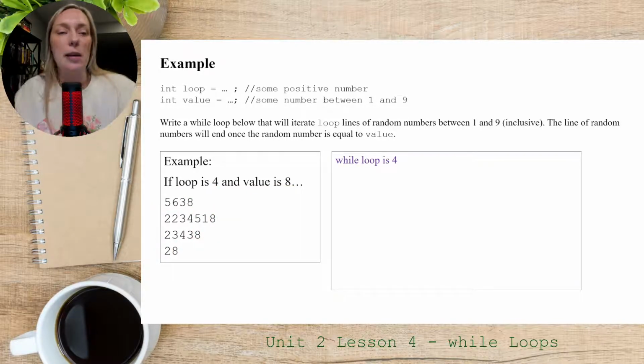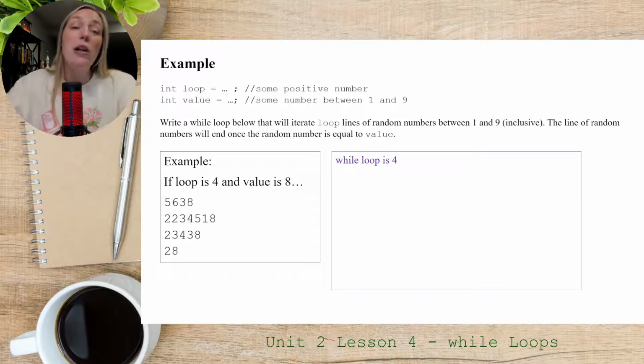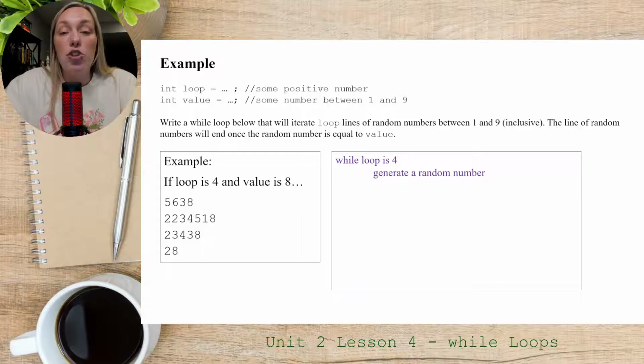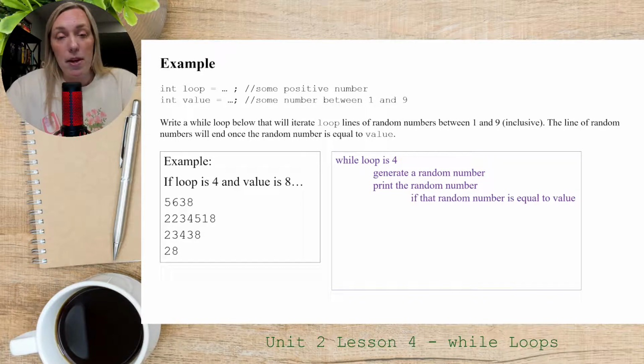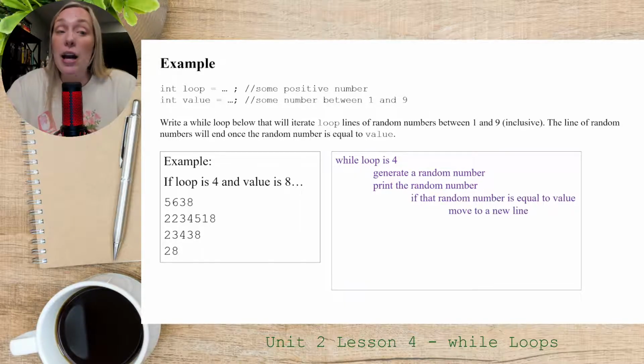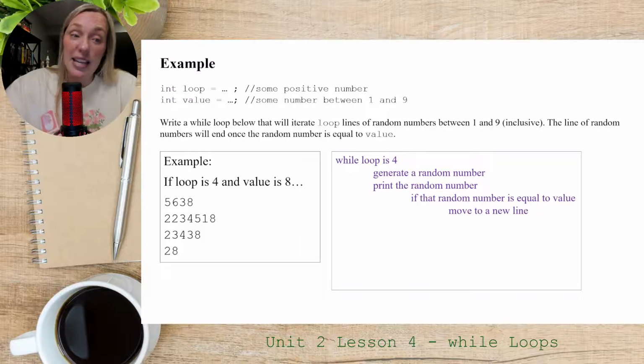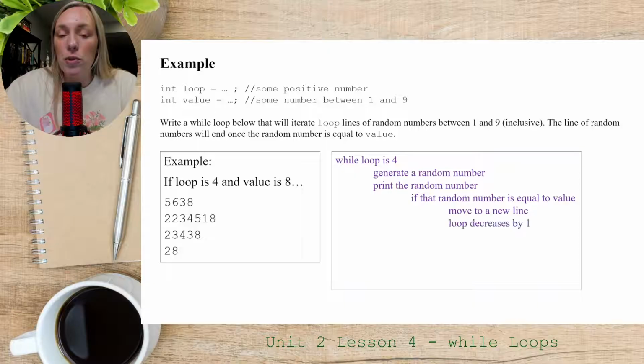So here's an example, right? If I'm working with this example, while loop is 4, okay? While loop is 4, generate a random number. I want to print that random number, and then I want to check to see if that random number is equal to value, okay? Because if it is, then I want to move to a new line and keep printing off random numbers, right? I want to move to a new line.